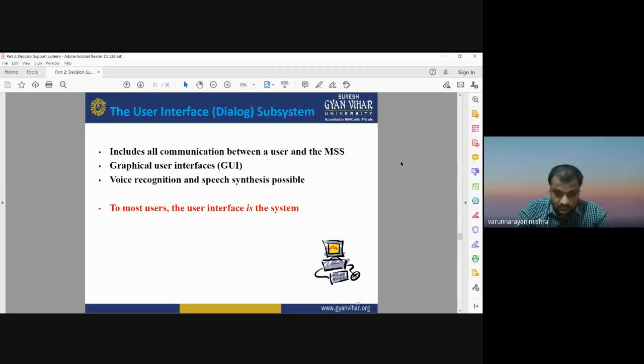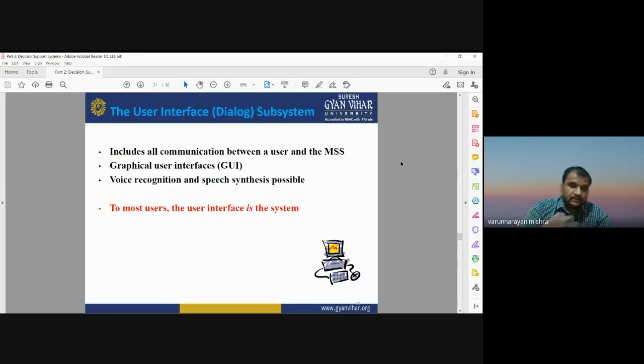Most decision support systems are based on a graphical user interface, so that any individual can use the decision support system without any problem. If there is no graphical user interface, a user cannot see where to use the option for getting the decision support system. So the graphical user interface is very important.